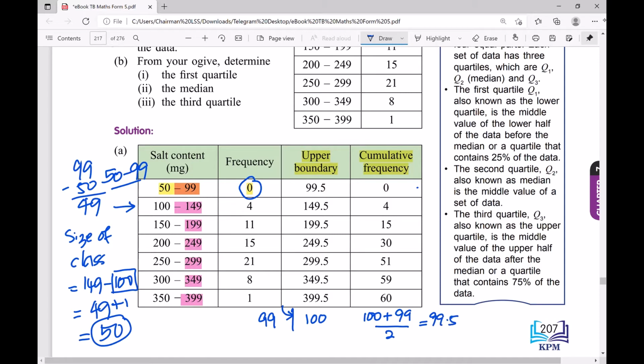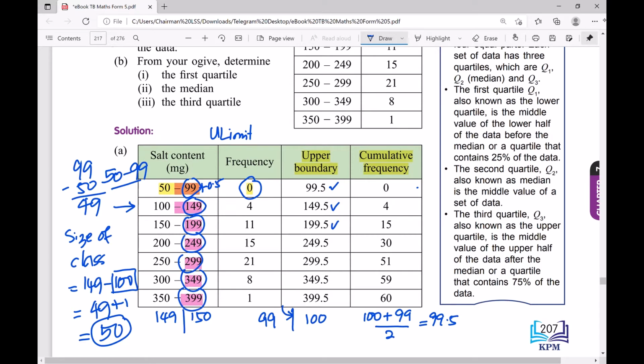For 149, it's the same thing: the next number is 150, you add these two numbers, divide by 2, and you will get 149.5. We have seen this pattern. What you do is just add 0.5 to your upper limit. All these numbers here, the ones in pink, are upper limits.